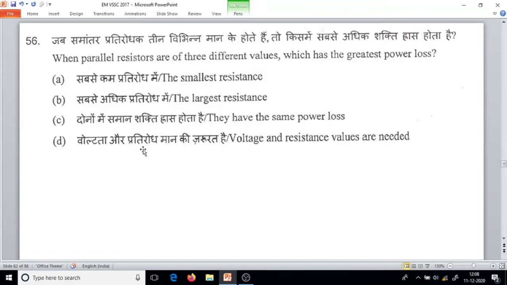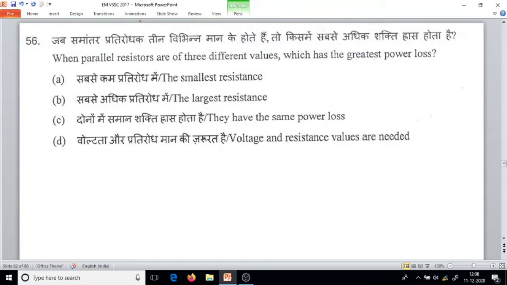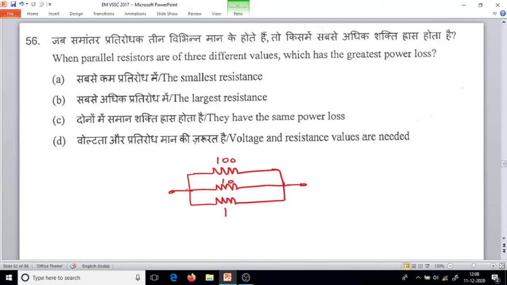Question number 56. When resistors are connected in parallel, the voltage across them is the same. One resistor is 100 ohm, another is 10 ohm, and the other is 1 ohm.